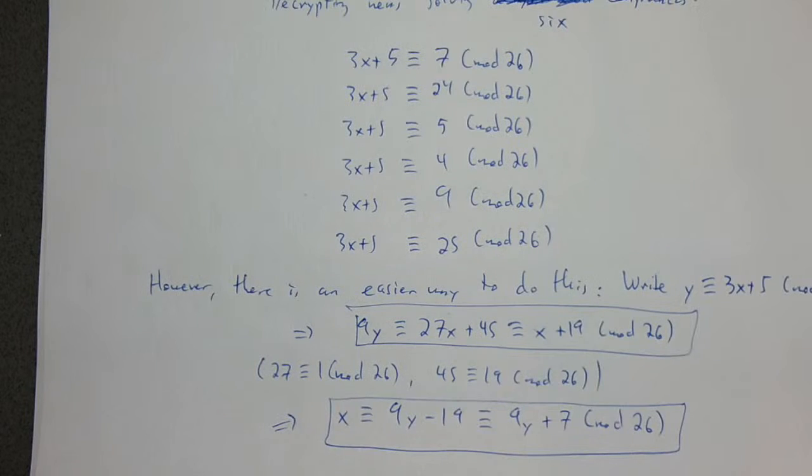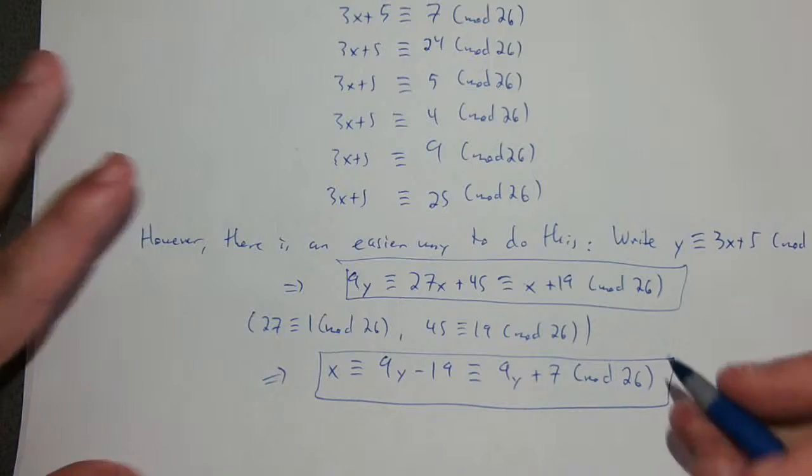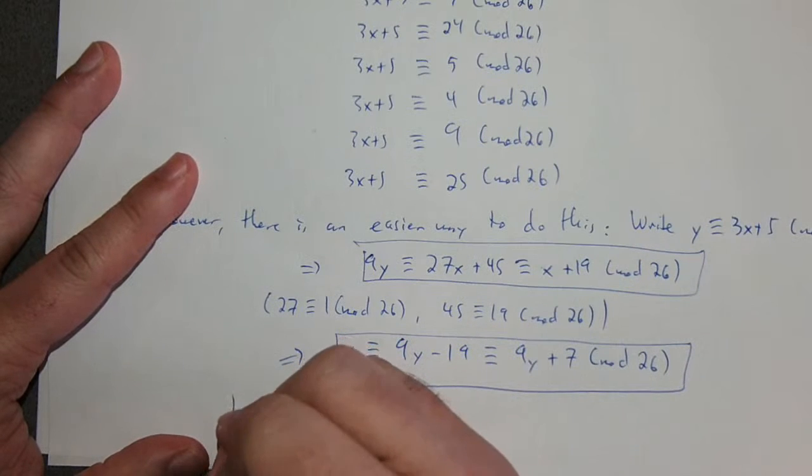You are very well acquainted with how you would compute the inverse function of that. This is actually what you've done here, you've just done it in the mod 26 world. What is it that you're saying here? Your decryption function.